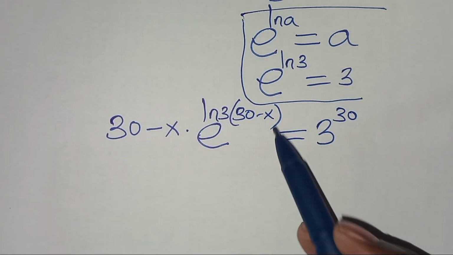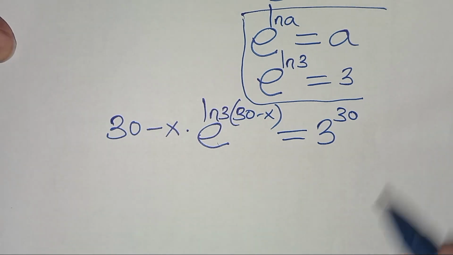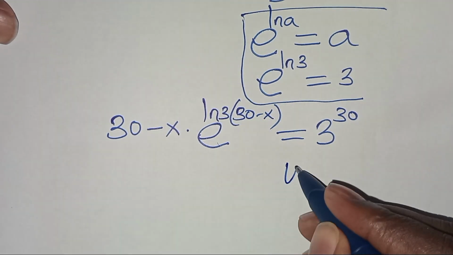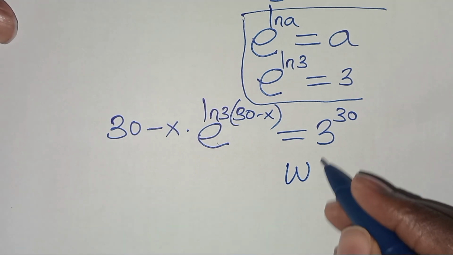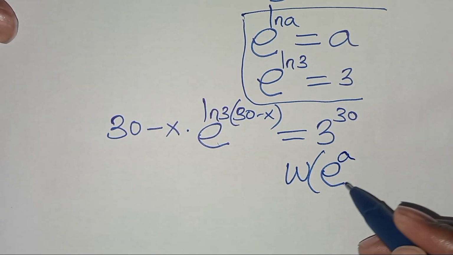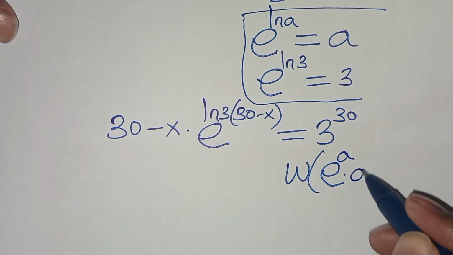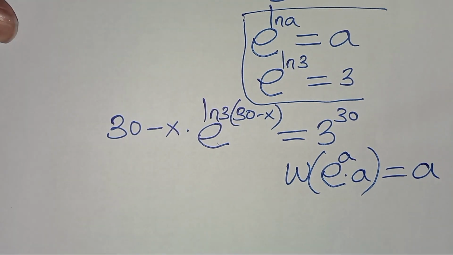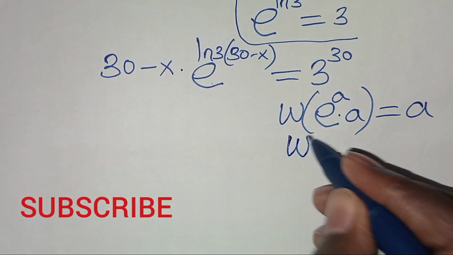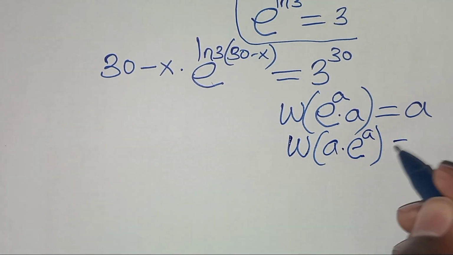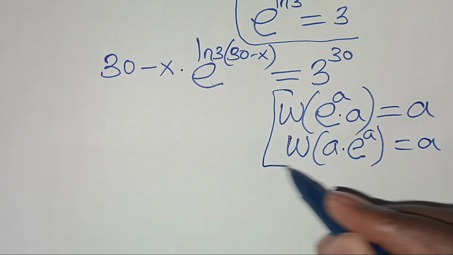Okay, now from here you find that if you have the Lambert W function, W of a multiplied by e to the power of a, this is the same thing as a.